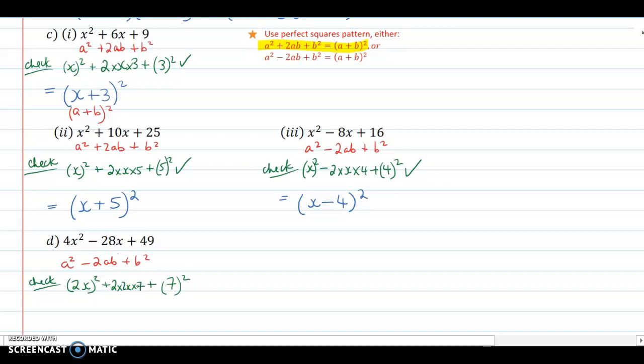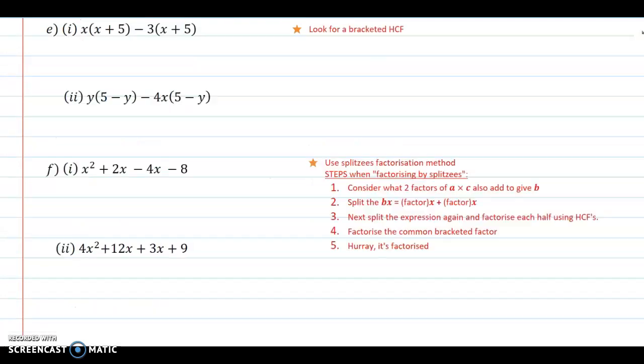Does that give me negative 28x? Well, yep, it definitely does. So then I know that I can go straight to the perfect squares factorisation to get 2x minus 7 all squared as my result for that. Okay, the next example, E, is a lead-up type of problem getting into that splitzees factorisation method.